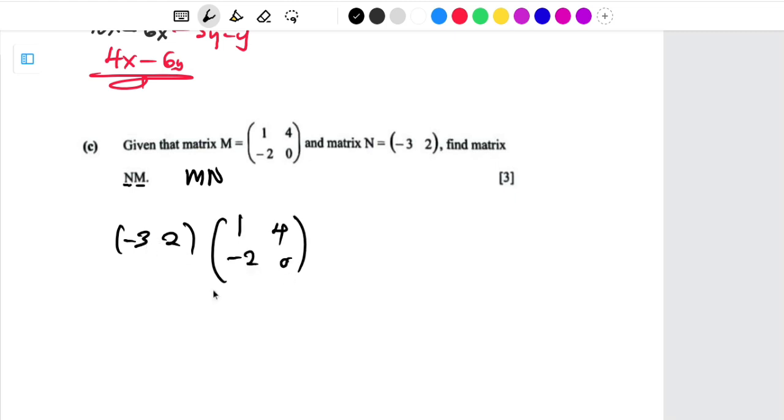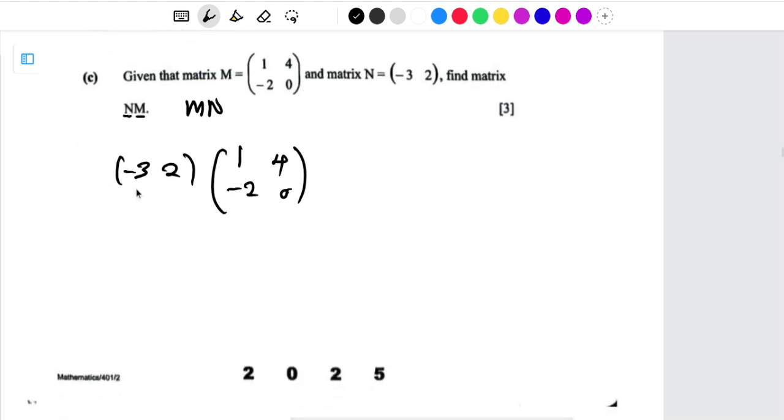So here now we are multiplying. Negative 3 multiplied by 1. Then plus 2 multiplied by negative 2. So we're done with this line here.